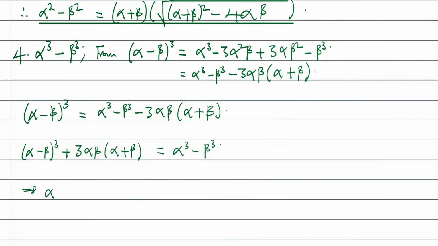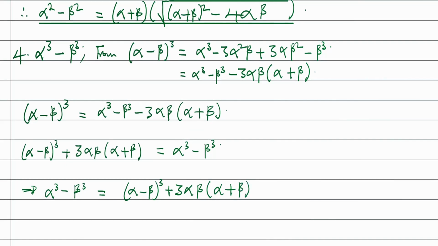This therefore implies that alpha cubed minus beta cubed is the same as alpha minus beta, the whole of it cubed, plus 3 alpha beta into alpha plus beta.